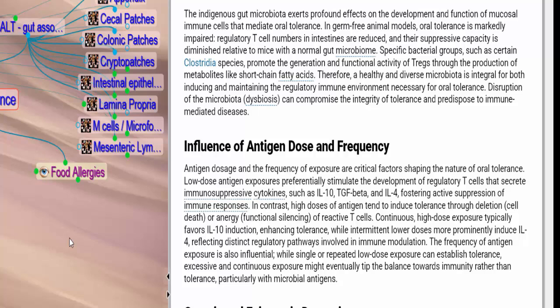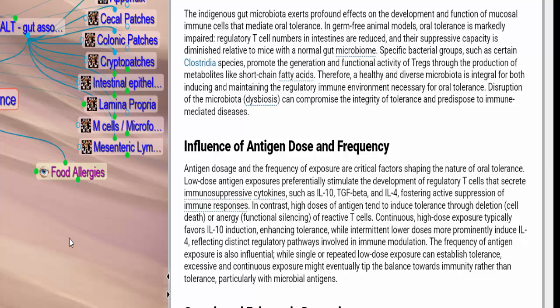Low-dose antigen exposures preferentially stimulate the development of Tregs that secrete immunosuppressive cytokines, like interleukin-10, TGF-beta, and interleukin-4, fostering active suppression of immune responses. But in contrast, high doses of antigens tend to induce tolerance also, but through cell death or functional silencing of reactive T cells.